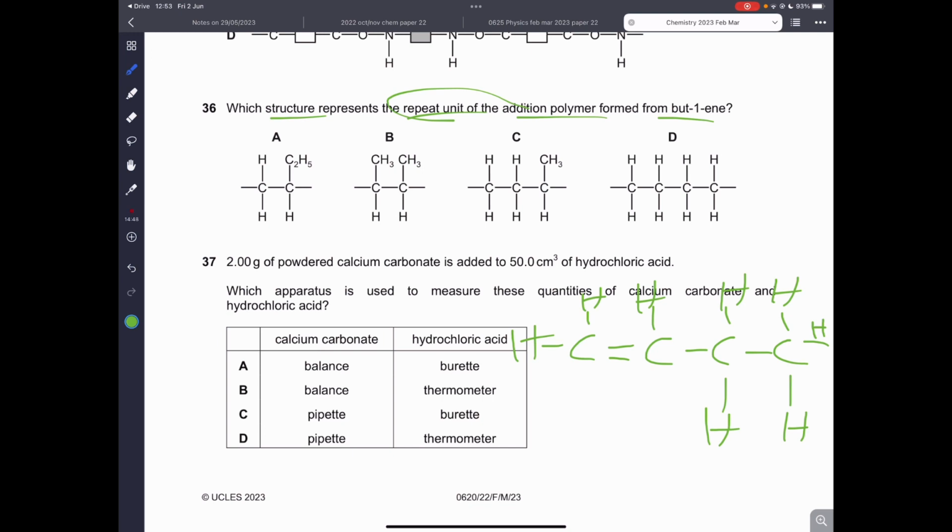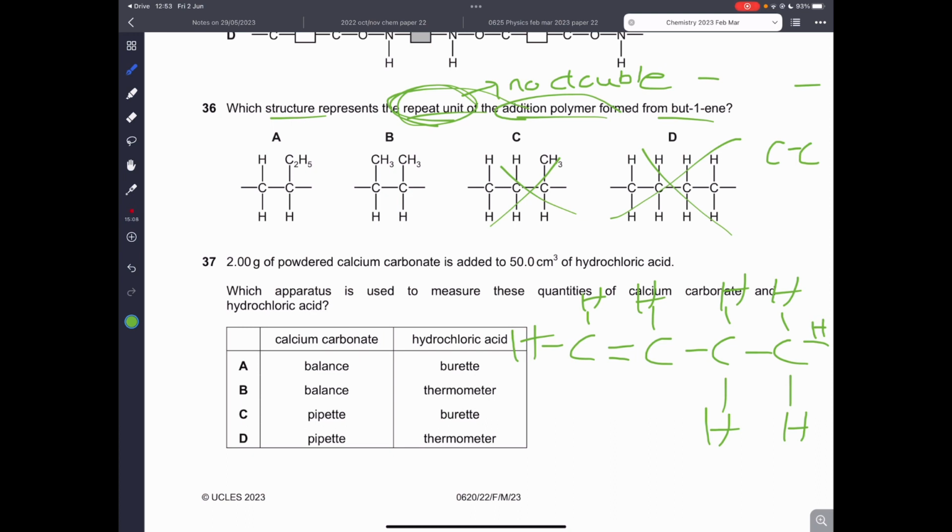Okay, so in the repeat unit, there is no double bond. Remember, there is no double bond. The double bond is always open. And it is usually in groups of 2. Because it is the addition polymer, it has to be in groups of 2.